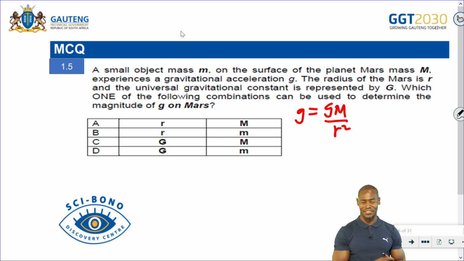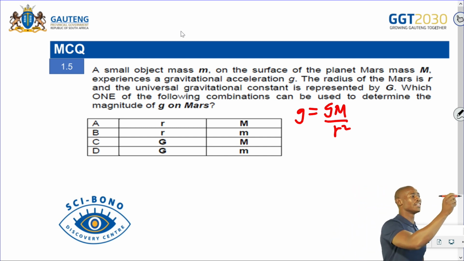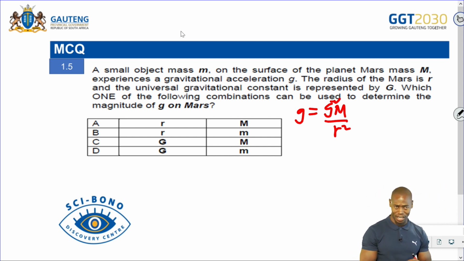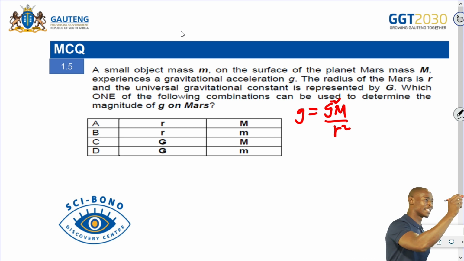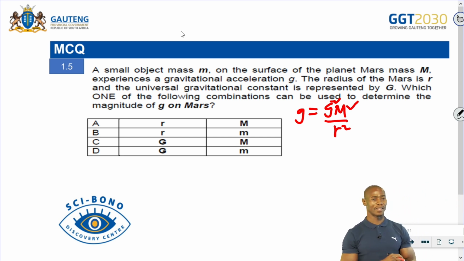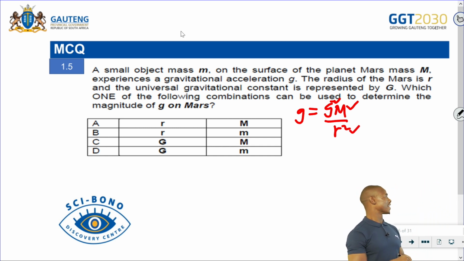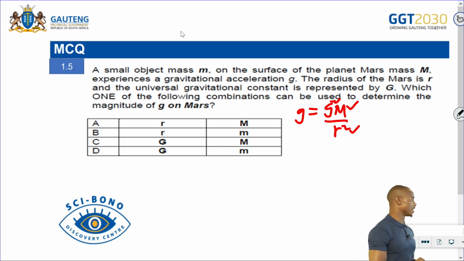Let's check A. What are we looking for? The gravitational acceleration. In this equation, this is the gravitational constant, this is the mass of the planet, in this case the mass of planet Mars, and this is r, the radius of that planet. So let's check the combinations.